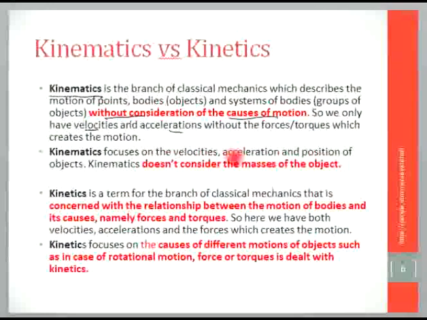We don't care what forces create the motion, just focus on velocity, acceleration, and displacement. So kinematics doesn't consider the mass of the object.